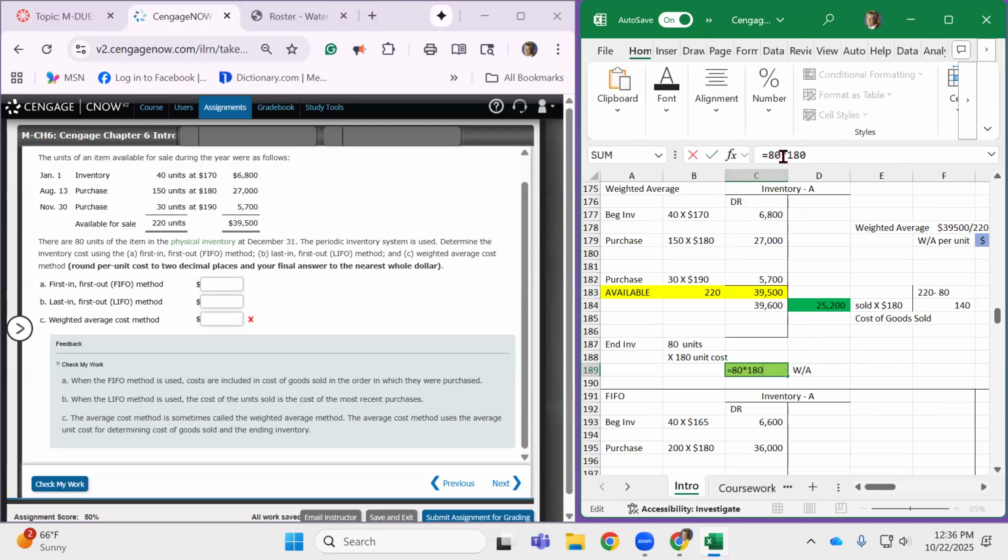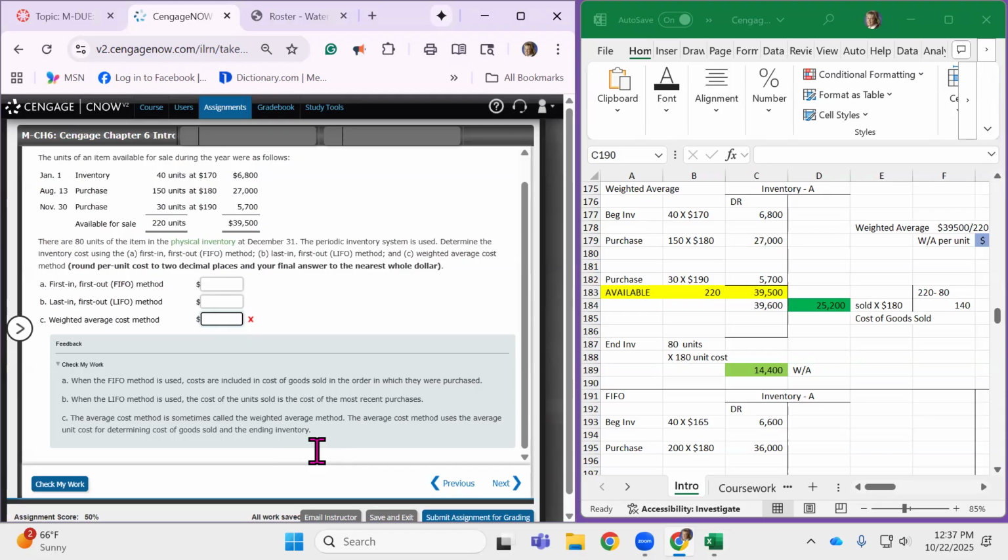80 times 150, and they want, there are 80 units. The periodic inventory system is used. Determine the inventory cost. Round per unit cost. Oh, per unit cost. Determine the inventory cost using the first in, first out.